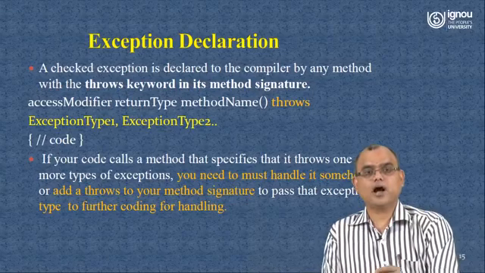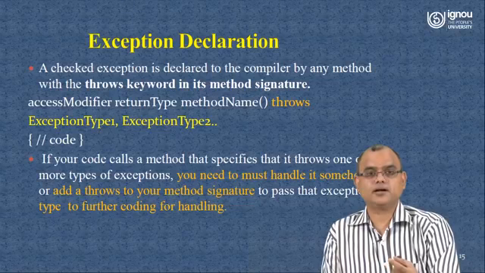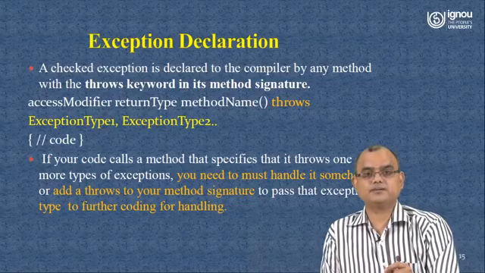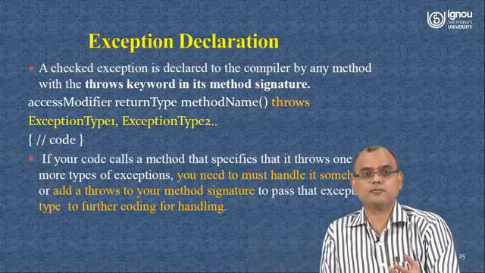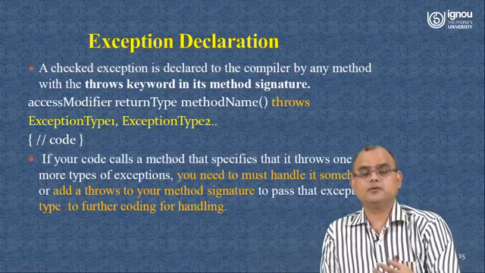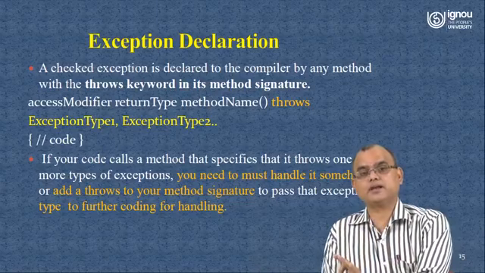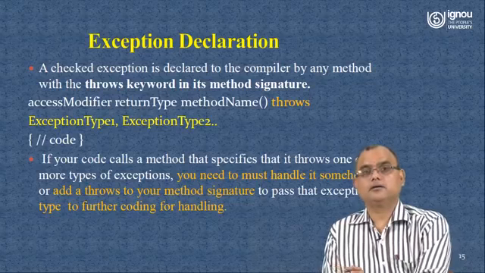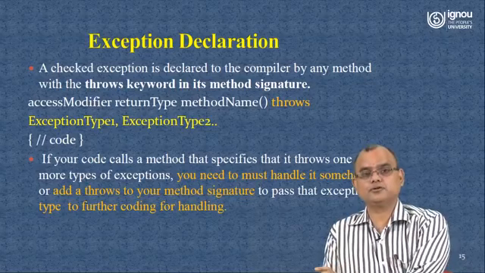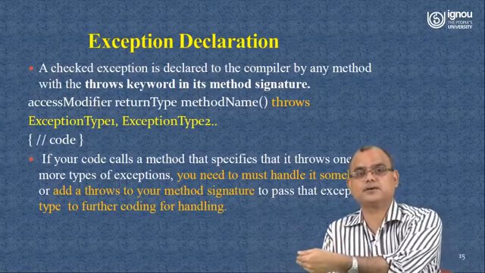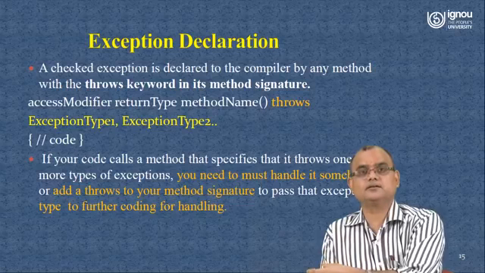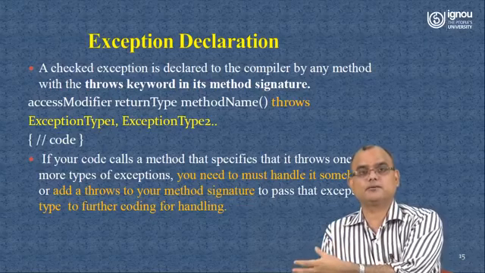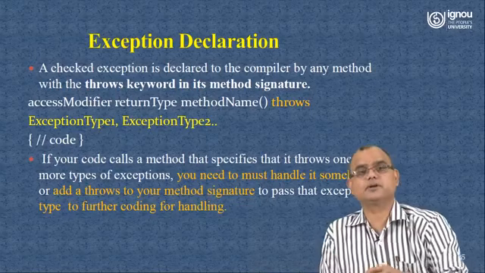Now, if your code is going to call a method and that method specifies that it is going to throw one or more exceptions, you must handle that exception somehow, or just by adding throws you can pass this exception handling to some other section of the code which is going to further use that method.